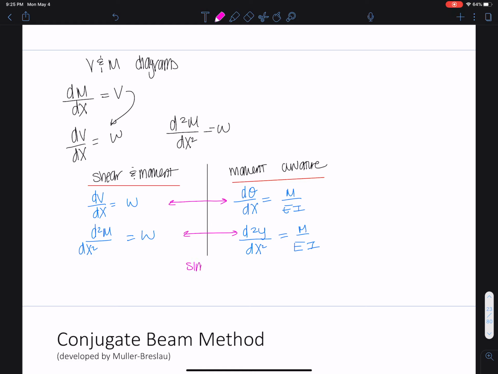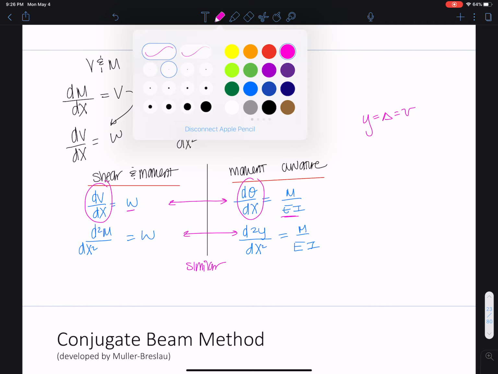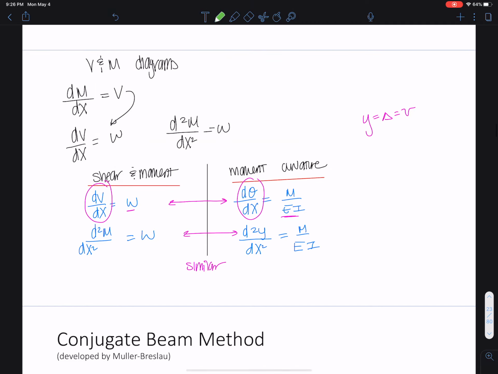Here we have a first derivative, load; here we have d theta over dx, and here we have d squared y over dx squared, where y is also equal to delta, which is the displacement.